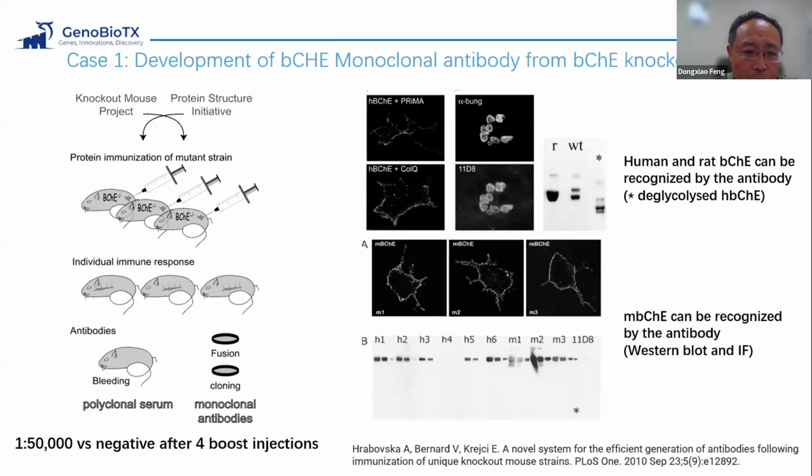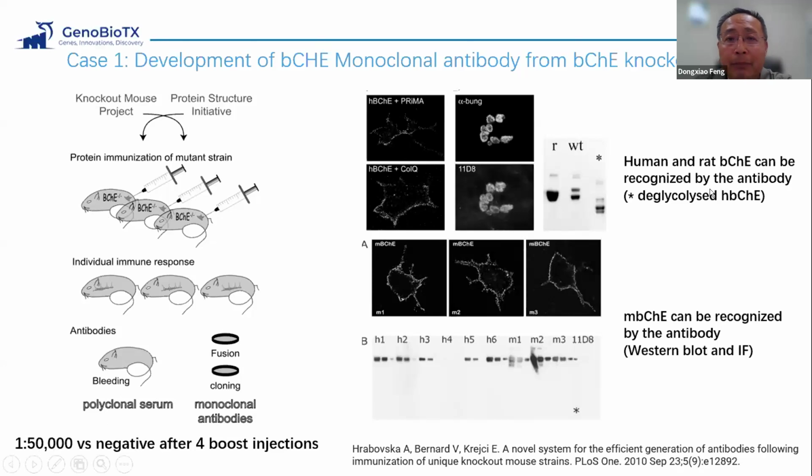As a control group, they also immunized wild-type mice. For the knockout mice, the antibody titer can reach 50,000 after 3 immunizations. But for the wild-type mice, the antibody titer is 0 even after 4 booster injections.